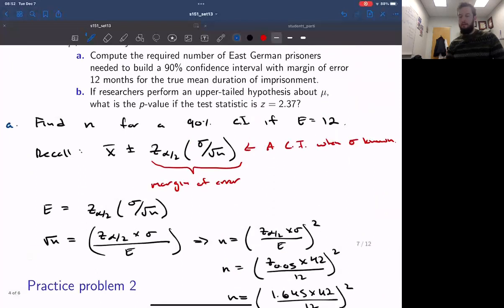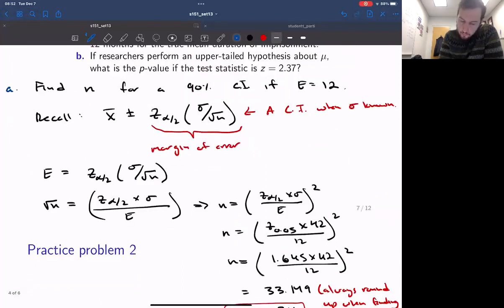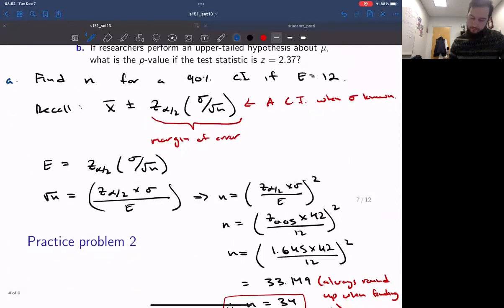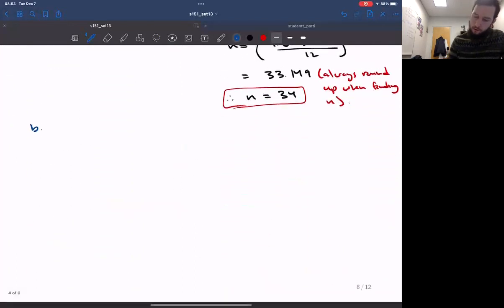In part B, it says, if researchers perform an upper-tailed hypothesis test about mu, what is the p-value if the test statistic is z equals 2.37? All right, so we have an upper-tailed test for mu.